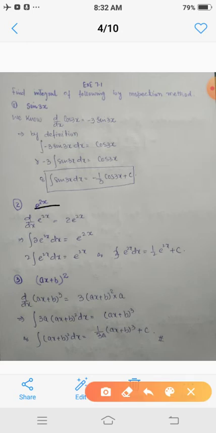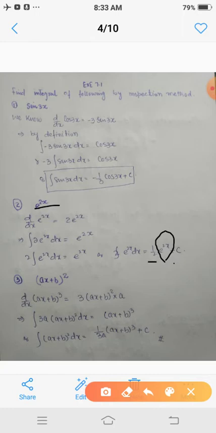We know that the integration of e raised to power x is e raised to power x, which implies that the integration of e raised to power 2x is e raised to power 2x. Then we have to differentiate the power, 2x. The differentiation of 2x is 2, but we write it in the denominator, because here we have 2.